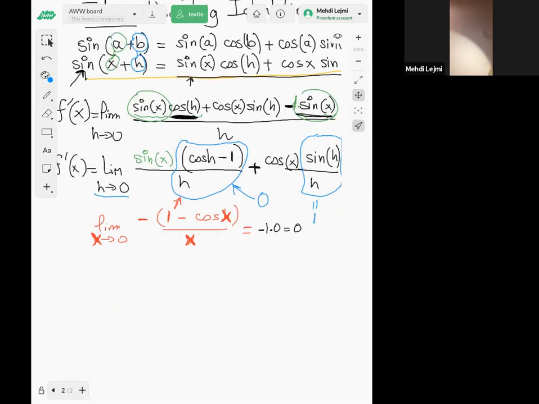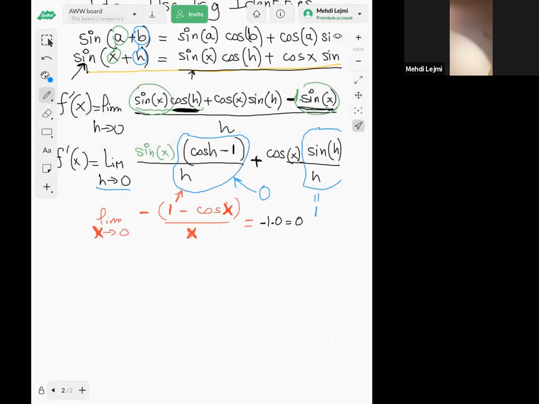So now my f prime of x is going to be sine of x. Sine of x doesn't depend on h, so it's like a constant with respect to the limit. The limit is with respect to h, right?